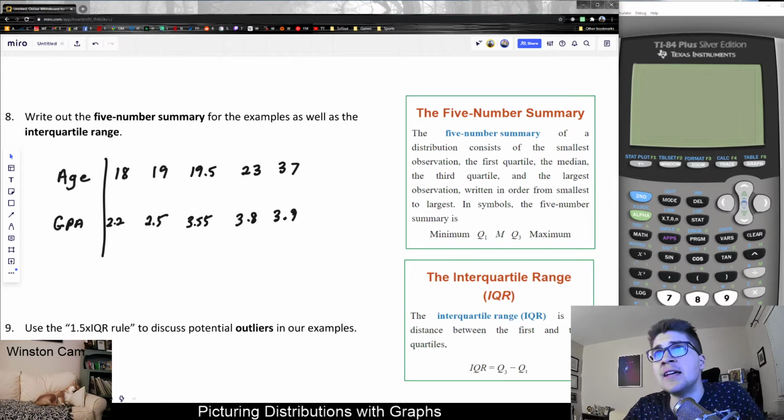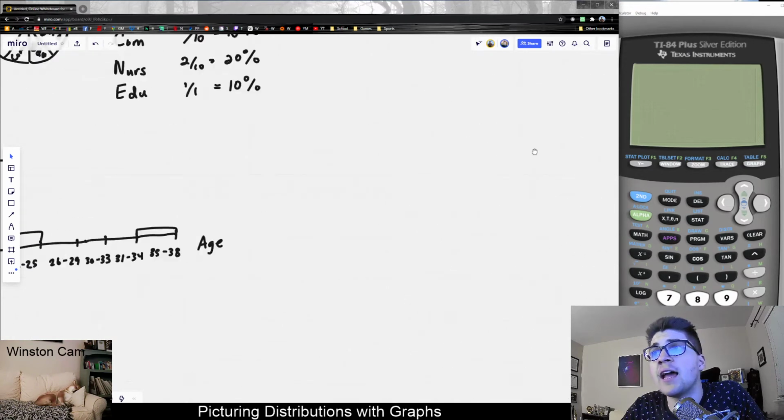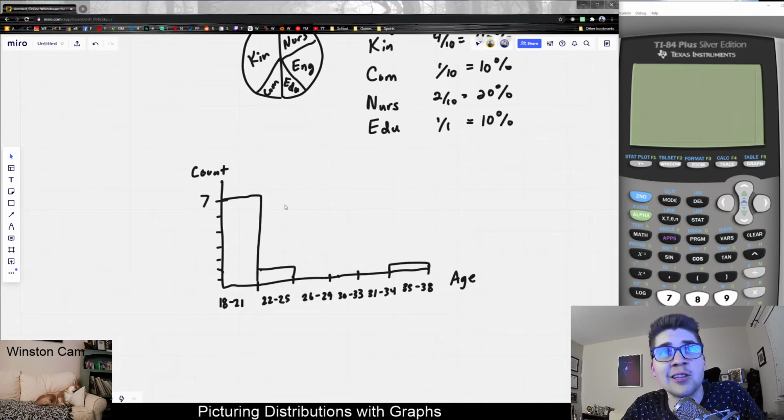And again, we can see in some cases the median is much closer to the third quartile and to the maximum. Sometimes the median is closer to the first quartile, or the minimum. It just depends on the data set, depends on how it is skewed. And if we recall, based on some of the graphs we made earlier, our age was skewed a little bit towards the left-hand side, and that comes up when we're looking at our 5-number summary.